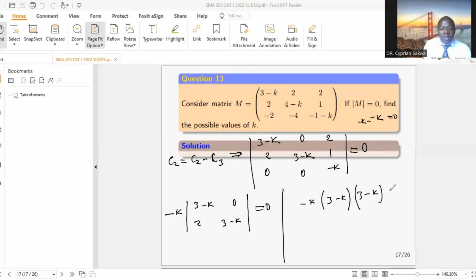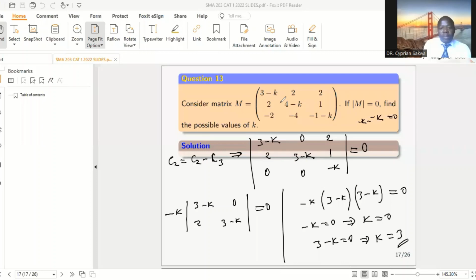And I put this to 0. When I do that, it's either negative k is 0, which implies that k is 0, or 3 minus k is 0, which implies that k is 3. So k is either 0 or 3.